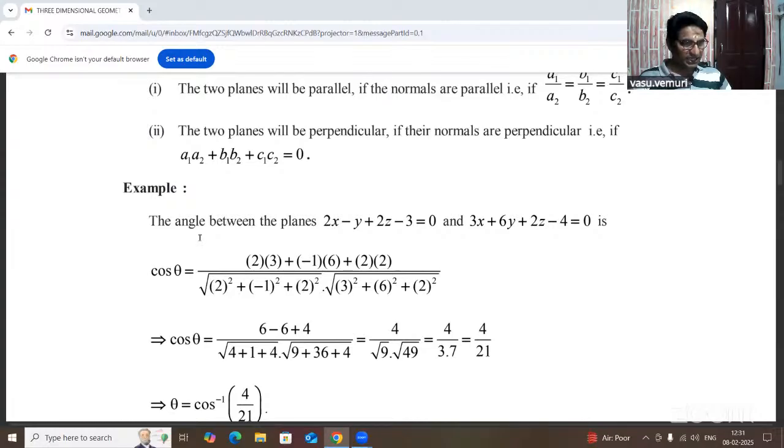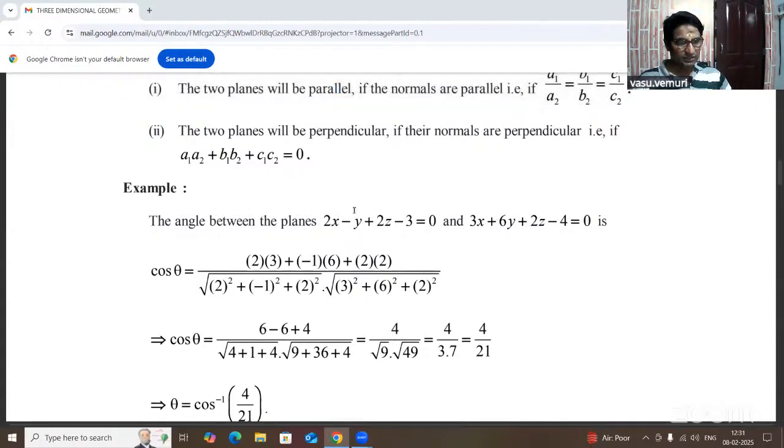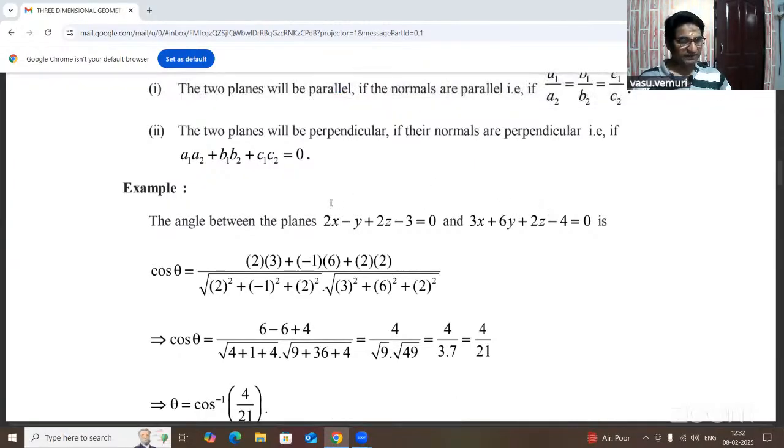Now cos theta equals A1 A2, that is 2 into 3 plus (minus 1) into 6 plus 2 into 2, by root of A1 square plus B1 square plus C1 square, root of A2 square plus B2 square plus C2 square. So cos theta equals 6 minus 6 plus 4.